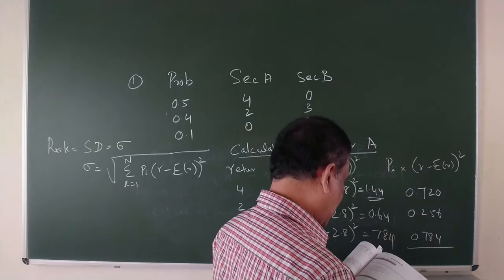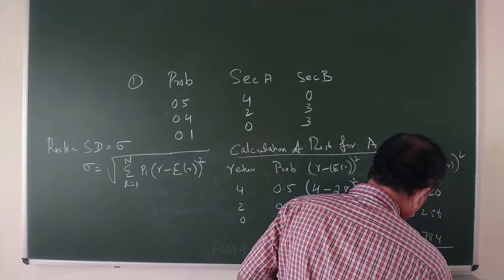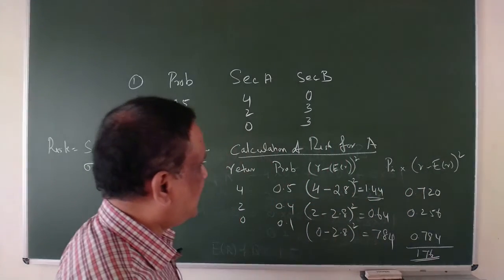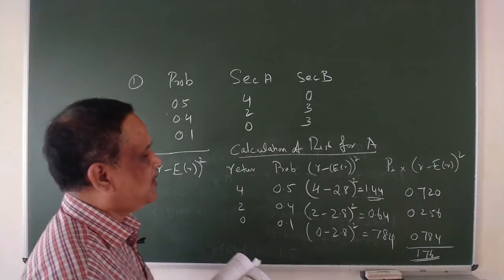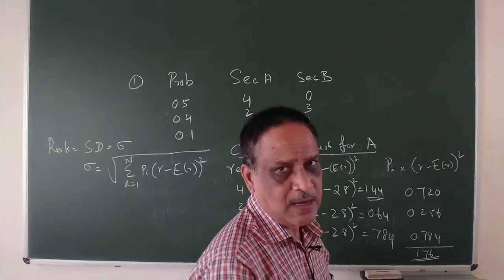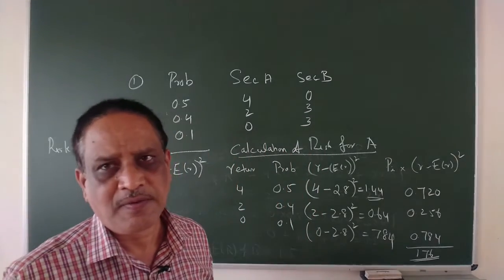You get a total of 1.76. This is called the variance.